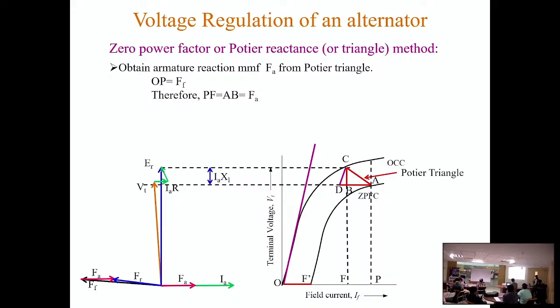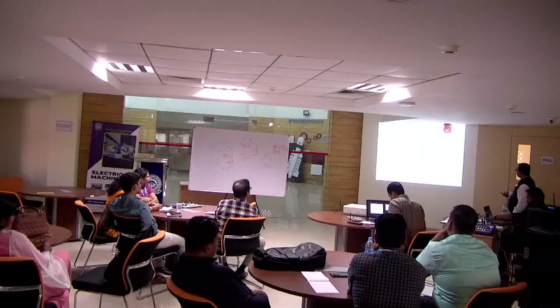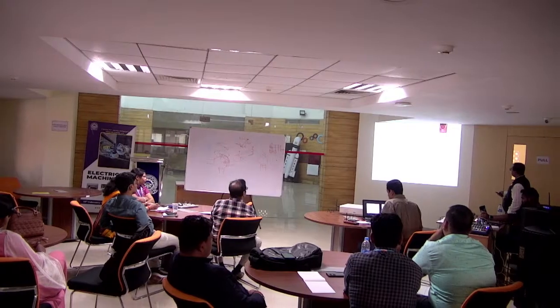Because this length is FF, which will give you the EF line if you draw that horizontal line, not required here. So OP is equal to FF, and if you subtract this OF from OP, you will get this length AB, which is FA. So PF or AB, that length is FA. So from the Potier triangle, you will get FA directly.